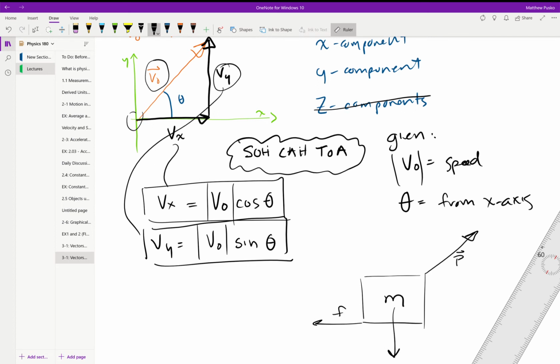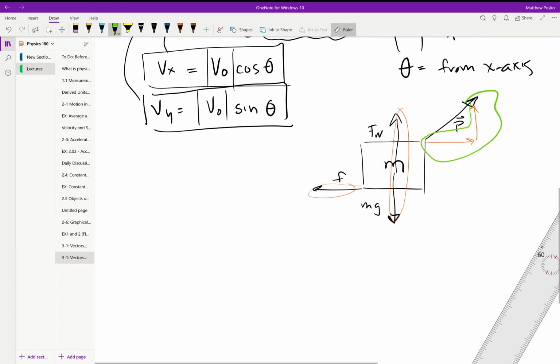It's going to have some weight, mass times gravity going down. It's going to have a normal force like this. It could be on an angle. Who knows? We have to break up all of these into x and y components. These ones are already in x component and that's already in y component, but we had to break up this one to be able to add them all together.